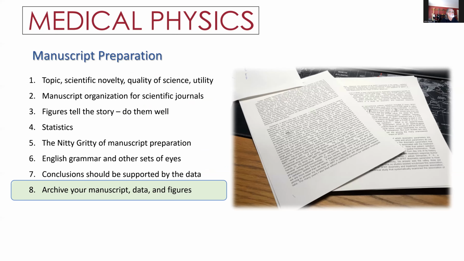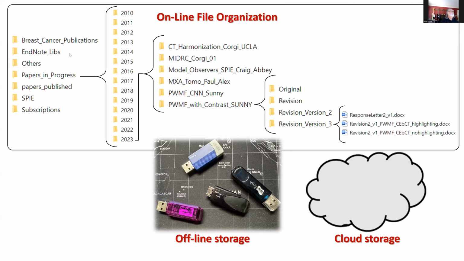And then finally, so this is how I prepare manuscripts. But one thing I've learned over the years, and I go back into the early days of computers, archive your manuscript data in figures. Of course, you're going to archive it on the file, and I have a way of doing that. You can see here in my folders on my PC.